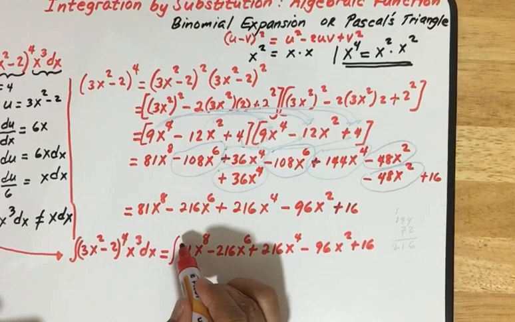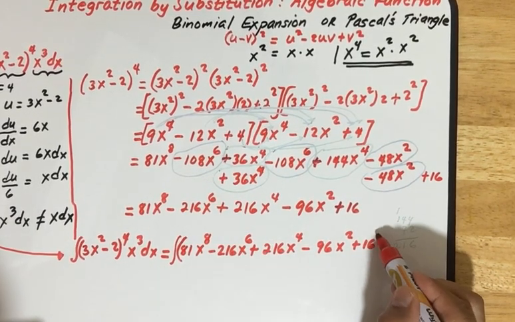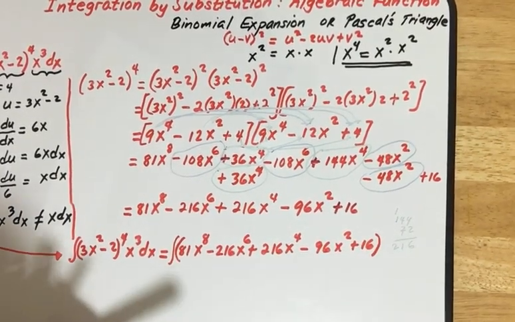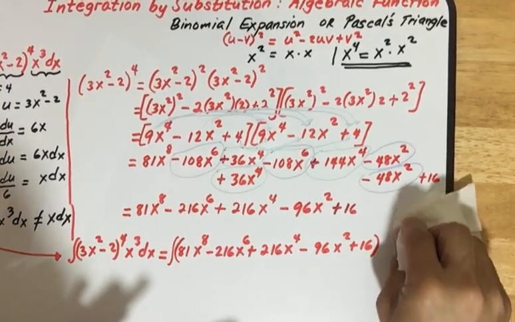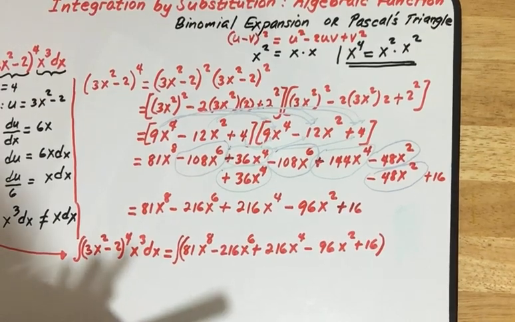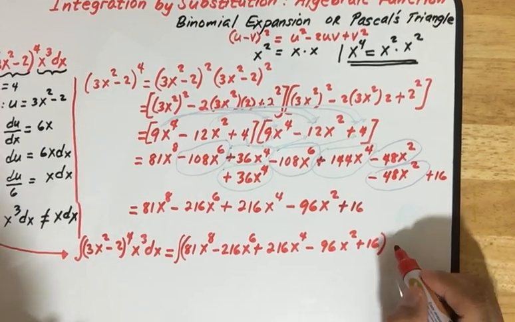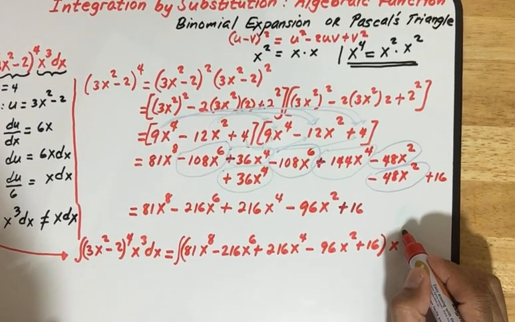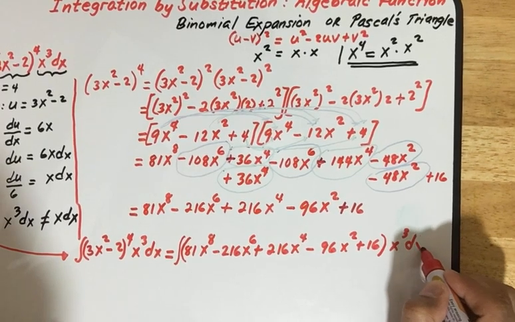Then you put this inside the parenthesis, and then multiply it by x^3 dx.